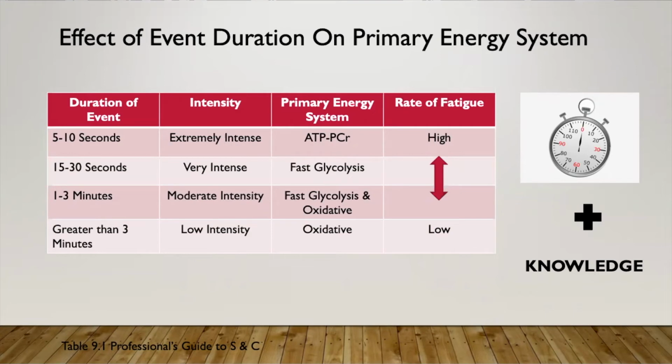And again, you see that notion here of duration: short periods of time, high intensity, very reliant upon the phosphagen system. As the duration of the activity gets longer, you're more and more reliant upon slow glycolysis or the oxidative system. So this is moving up and down.